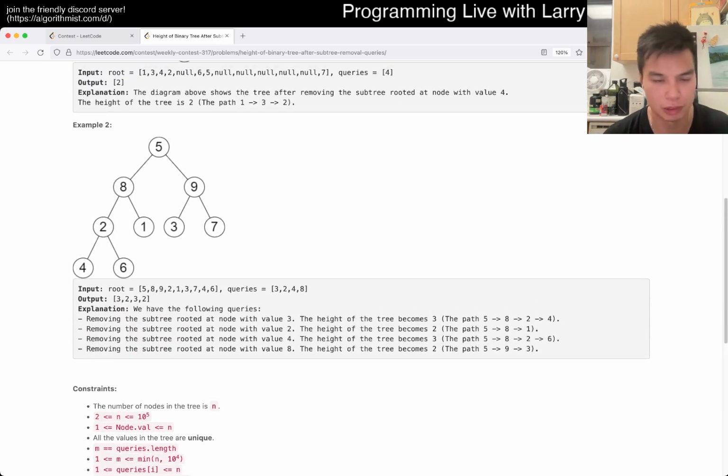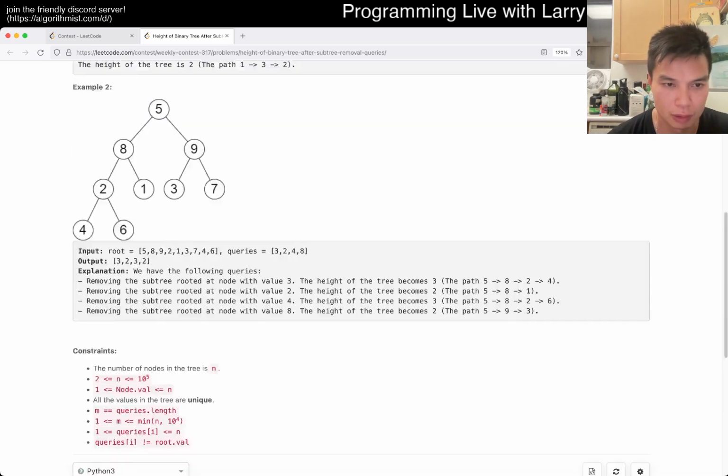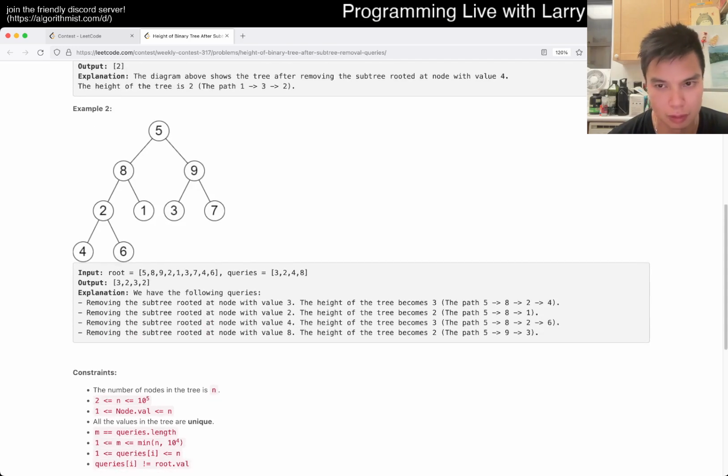But I mean, we can also do it with binary lifting. If we remove 2, for example, it changes. So the only time it changes is if it's on the path. But it could also have a lot of tiebreakers, right?